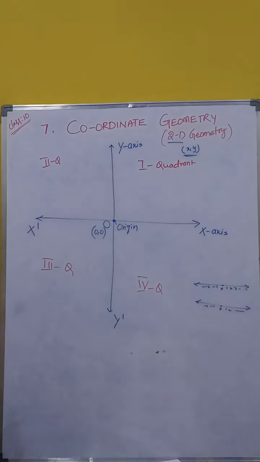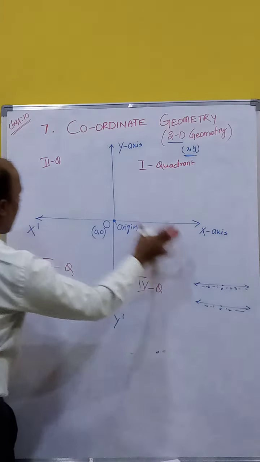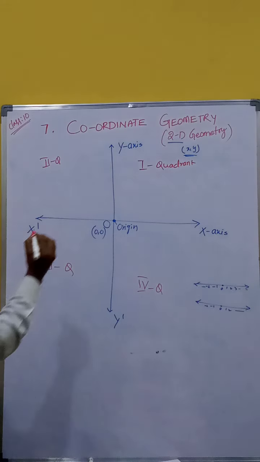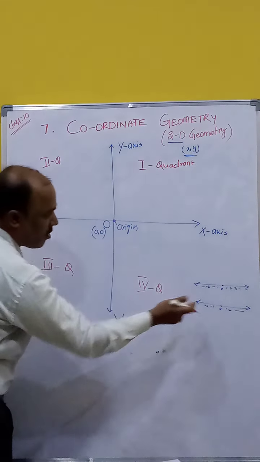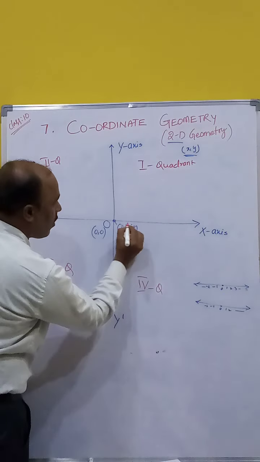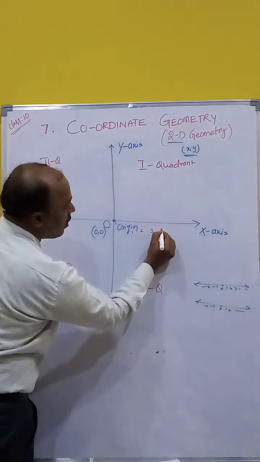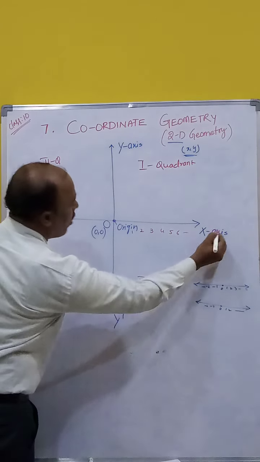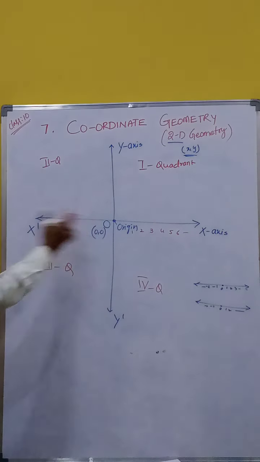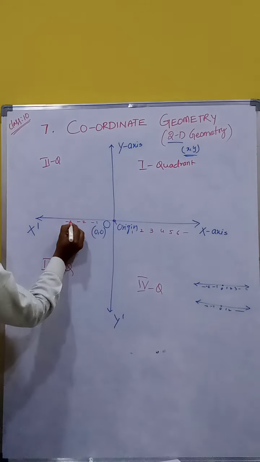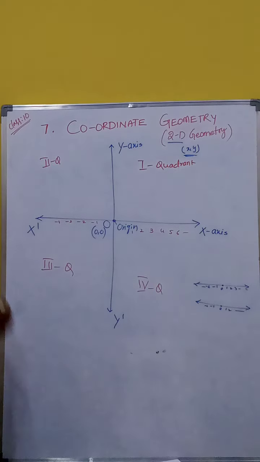Here observe the x-axis and y-axis. We know they are number lines. From the intersecting point, on the number line we have 1, 2, 3, 4, 5, 6, and so on. On the origin's left side, minus 1, minus 2, minus 3, minus 4, and so on.